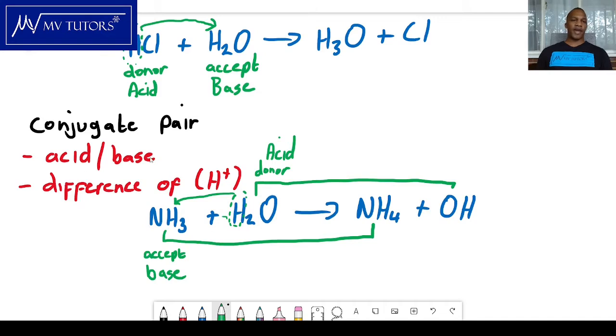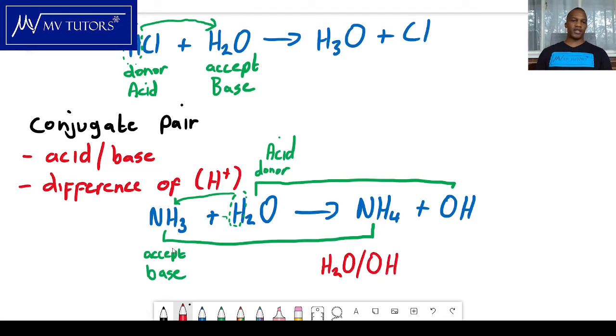Now coming back here to the actual pairs, starting with the acid. Let's start with H2O because that's the obvious one from this side. So H2O is the acid, and OH, its pair, is the base.